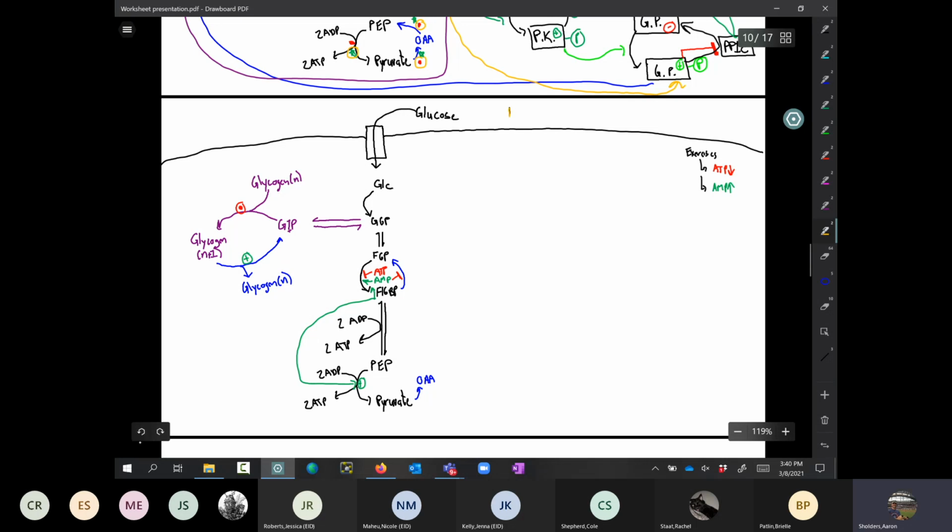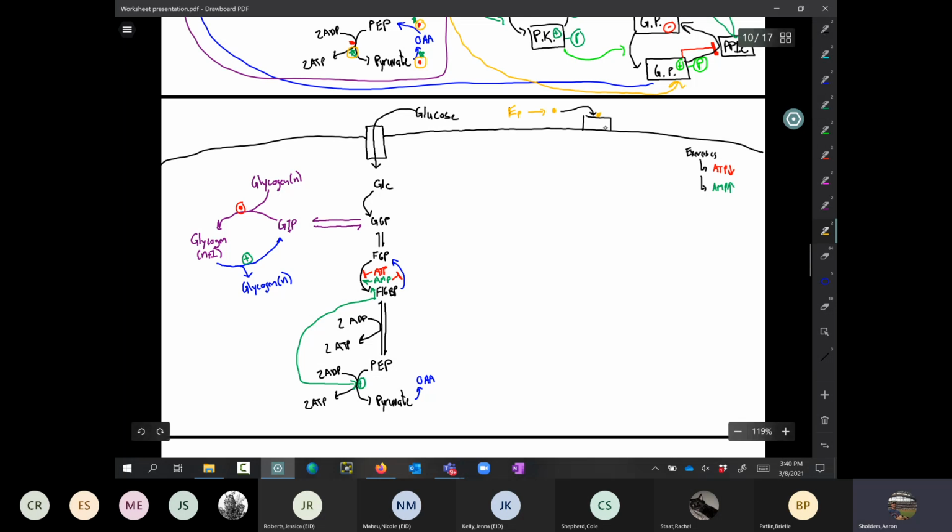Not P, it's EP, epinephrine, and we'll just make epinephrine a yellow dot. It's going to bind to a receptor very similar to the glucagon receptor, but it'd be the epinephrine receptor, right?